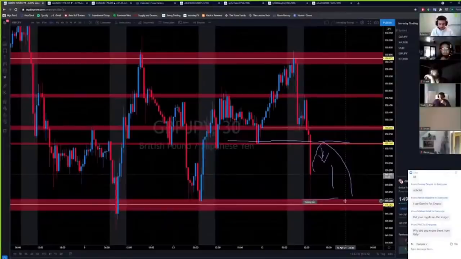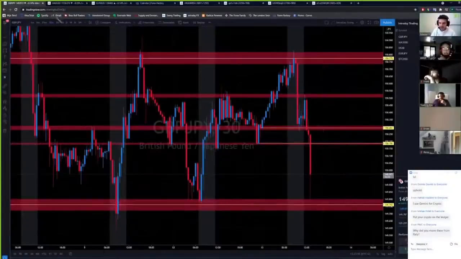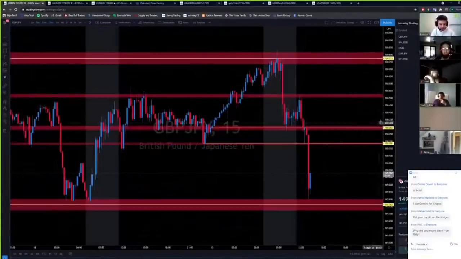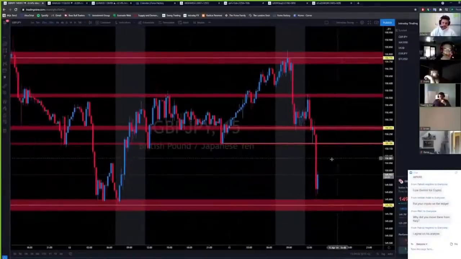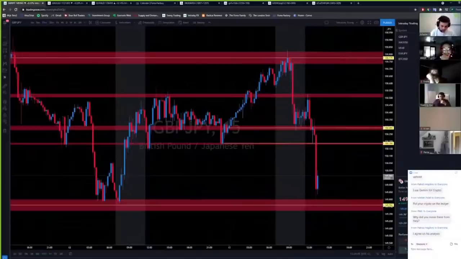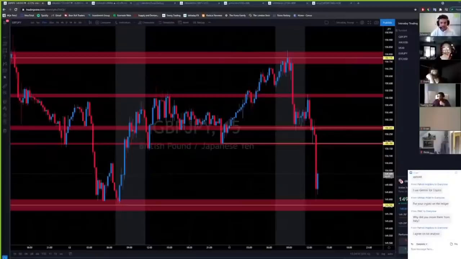That's something I'll be looking at, but then it must reject this area. You need a resistance to fill the wick. Exactly. It's going to be a pretty good idea. But that involves a lot of waiting and a lot of patience. So true. Let's practice that.